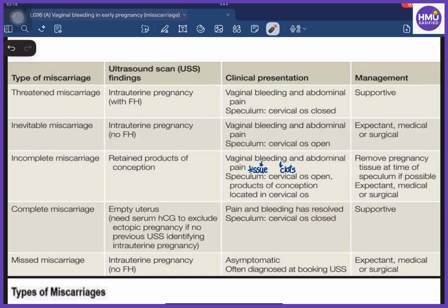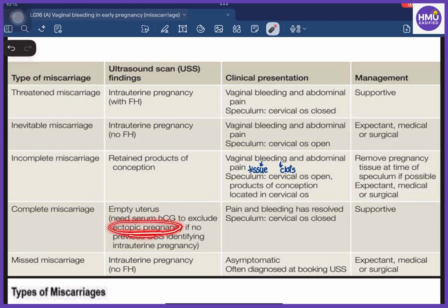Okay, so later ultrasound shows an empty uterus, then it's complete miscarriage. If the bleeding has tissue, yes, clot, yes, so this is complete miscarriage. However, serum HCG should be done to exclude ectopic pregnancy.